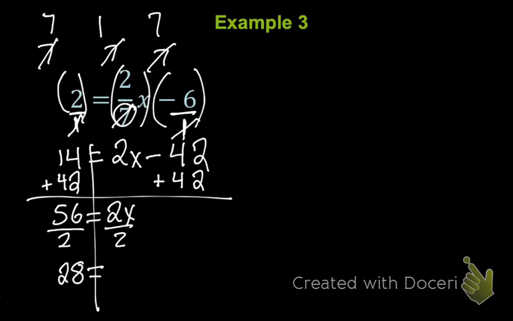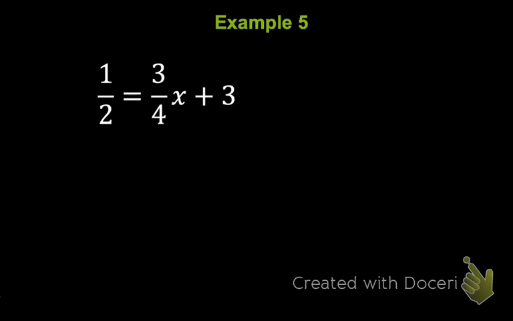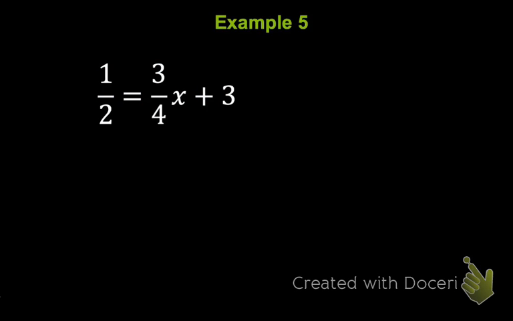So 28 equals x. So again, sometimes fraction equations will come out nicely into normal, non-fraction numbers, but sometimes they won't. Okay, I'm going to skip this example and go to this last one.